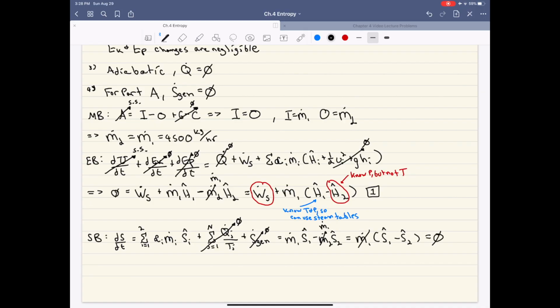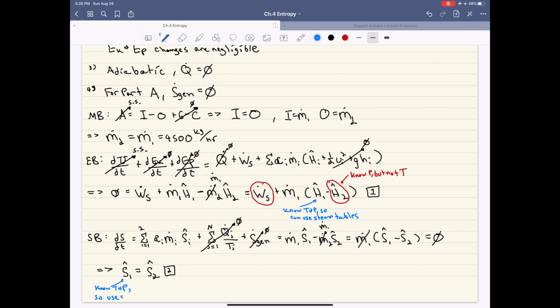We can divide out the mass, so that's not even going to matter. And so what our entropy balance tells us is that the inlet specific entropy is equal to the outlet specific entropy. And I'm going to call this equation 2. Okay? And so this is a very useful relationship, right? Because if we know the T and P of the inlet stream, we can look up the entropy directly.